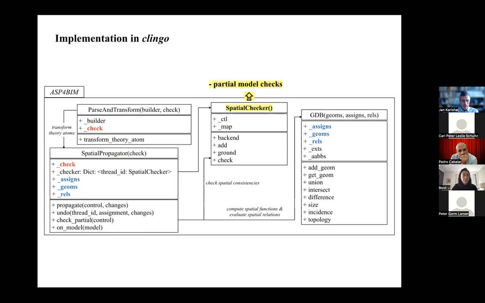During propagation, we also perform regular model checks to make sure that whatever we derive is consistent with spatial theories. We also couple the spatial propagator with a geometry database to compute spatial functions and evaluate spatial relations on the fly, and to send those results back to the larger program to ground another segment of ASP.